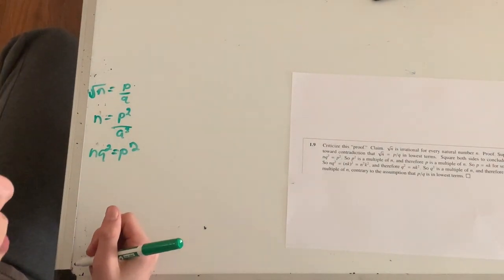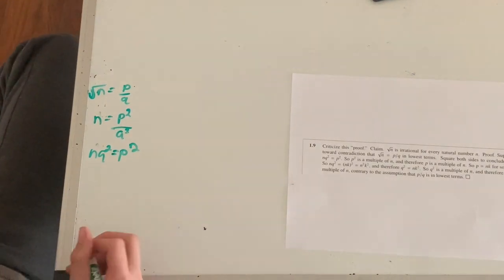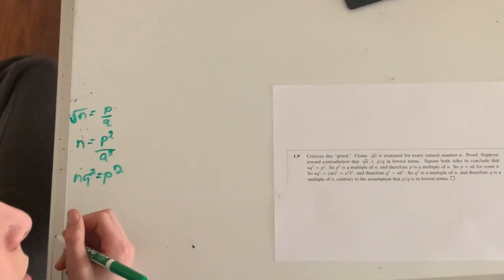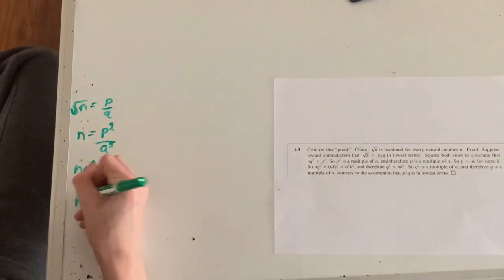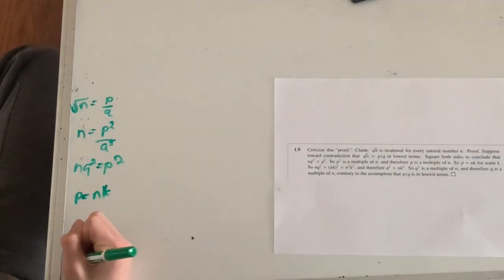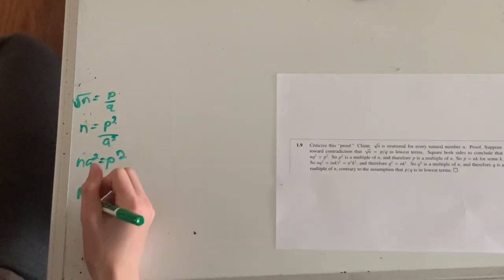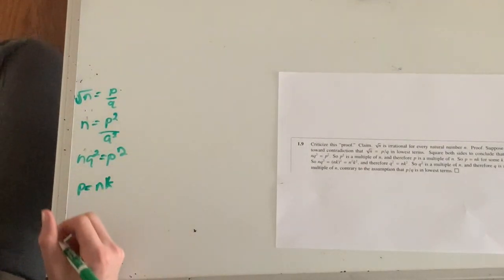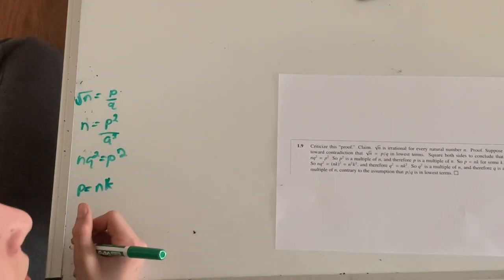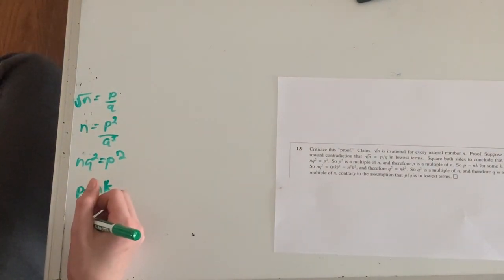So P, yeah, that's true. That P is also a multiple of n. So P equals n k for some k. Yep. P equals n k. Yep, that has to be true.